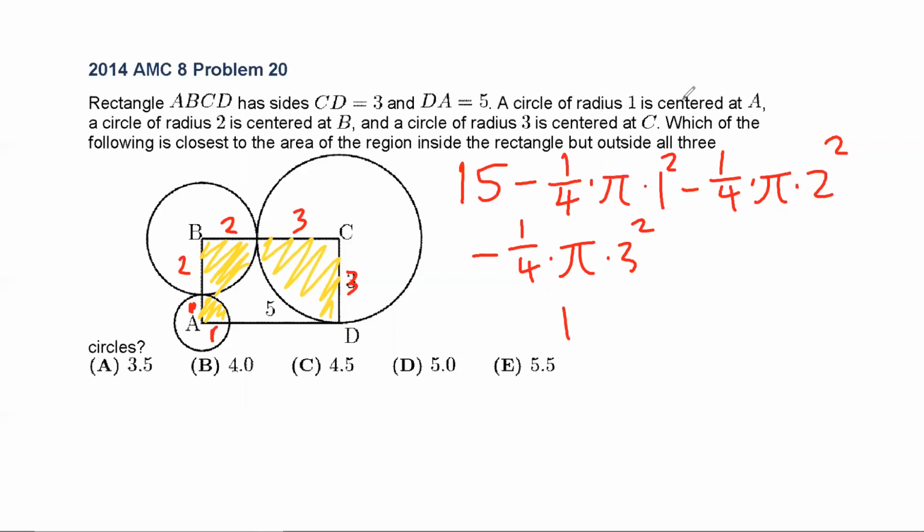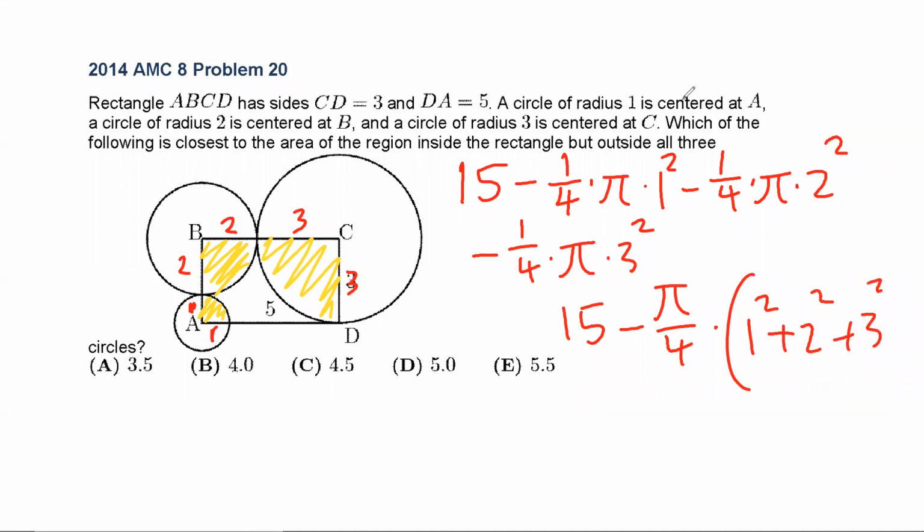Okay, so 15 minus, so basically we can factor out a 1/4 pi, so minus pi over 4 times 1 squared plus 2 squared plus 3 squared. So 1 squared plus 2 squared plus 3 squared gives us minus pi over 4 times 9 plus 4, which is 13, plus 1 is 14.